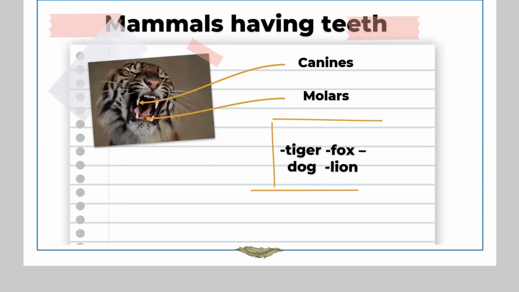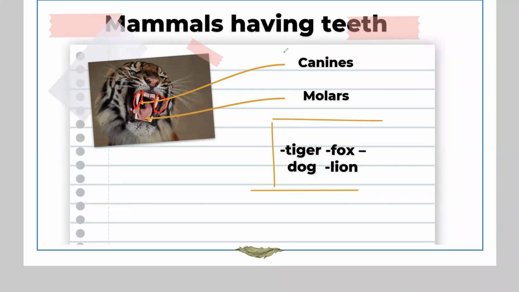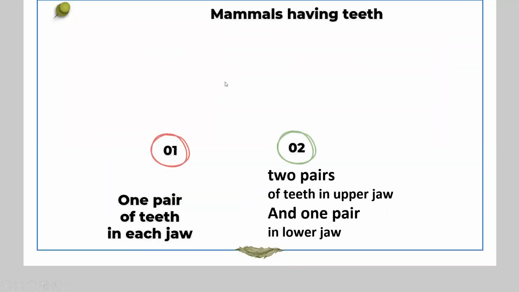When you look at a tiger or at a cat, you observe that the canines are very clear to you. The canines are here, and the molars. So it has pointed canines and molars.